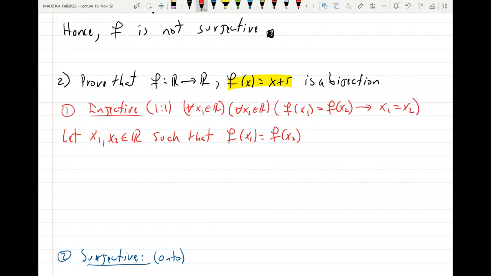So we have f of x1 is equal to f of x2. Then what does this mean? Plugging into the function, this means x1 plus 5 equals x2 plus 5. Subtracting 5 from both sides leads to x1 equal x2, which is what we want, right? So if the two inputs have the same image, then the inputs are the same. We just proved that, okay? So it's just a little algebra. So f is injective.